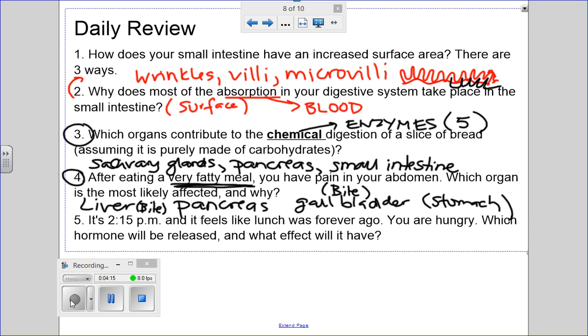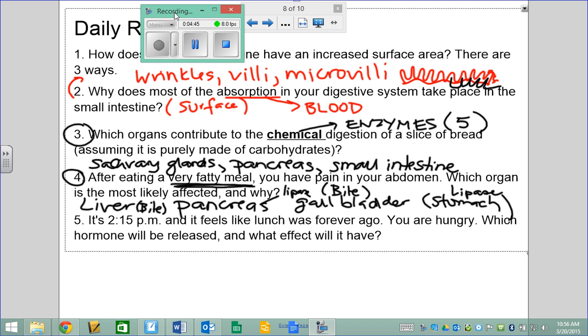Your pancreas and your stomach both produce lipase. That's an enzyme that helps break down fats. So any of those 4 organs could be a legitimate answer to this question, as long as you explain what their link is to fat. And so you'll see on the quest that we do next week, there will be a number of questions where there's actually more than one thing that's correct, as long as you explain why you're choosing it.